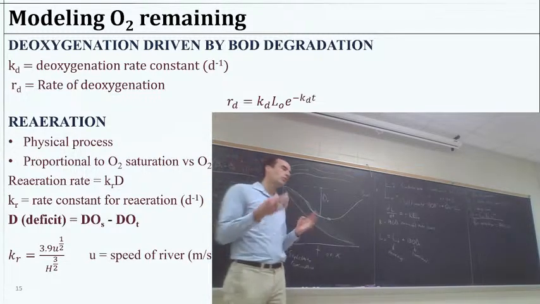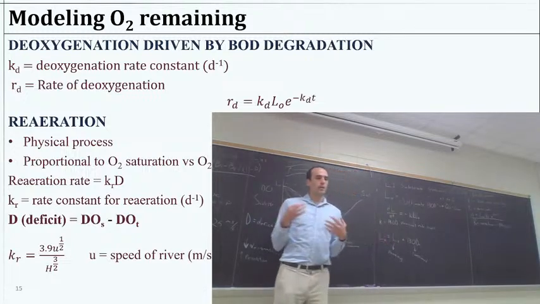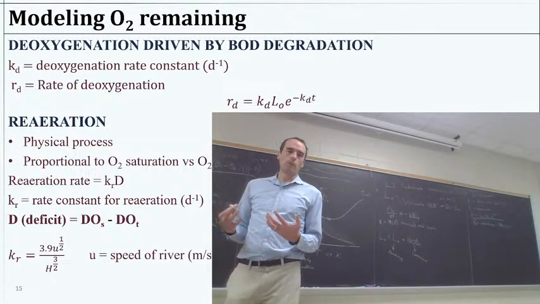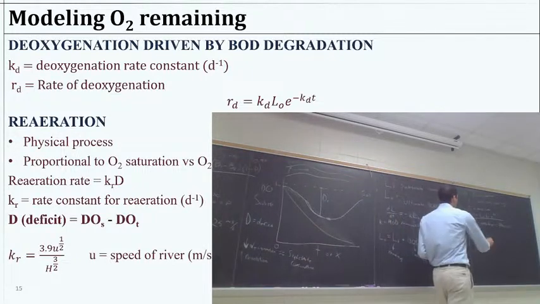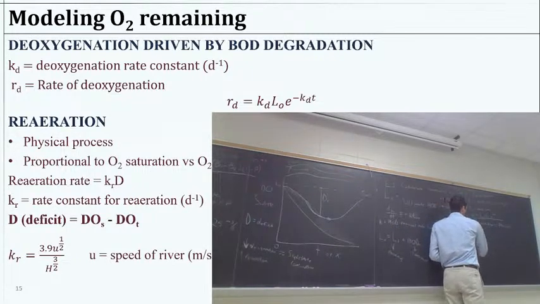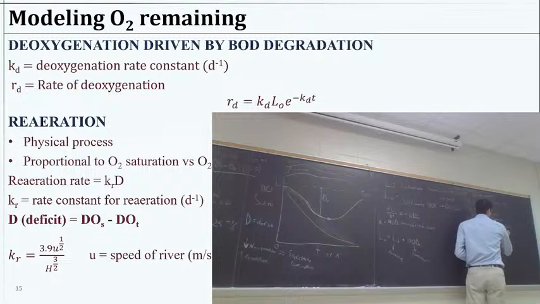You could think about some of the chemistry there for equilibria, but generally we would think of this as a physical process that's going to be proportional to the oxygen missing, or to that deficit, right?